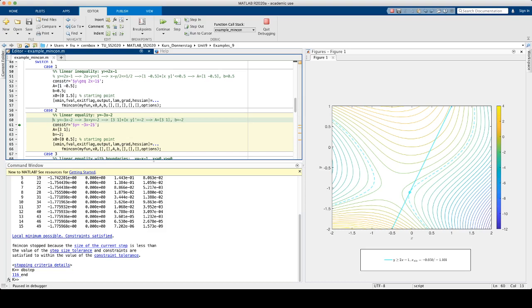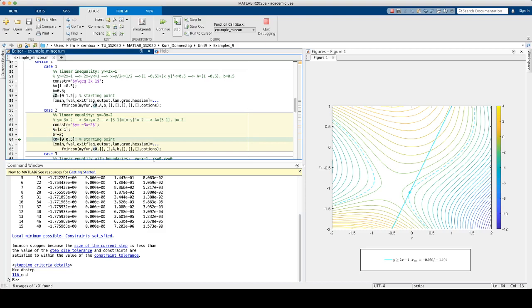So if y equals minus 3x minus 2, then 3x plus y equals minus 2, or the row vector 3, 1 times the column vector xy equals minus 2. So A equals the row vector 3, 1, and B equals minus 2.